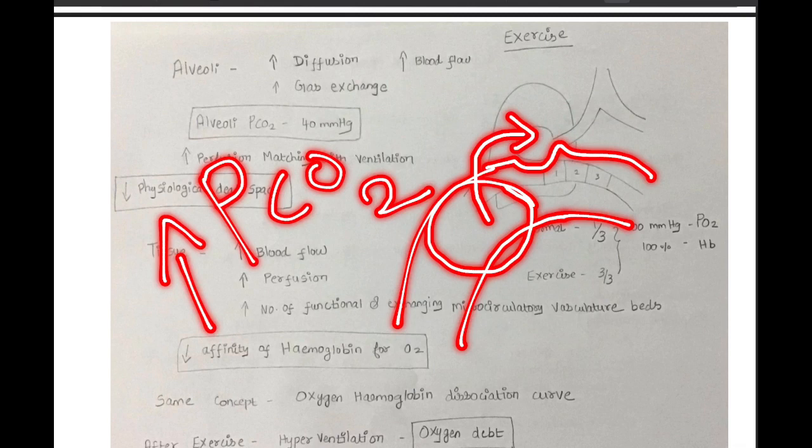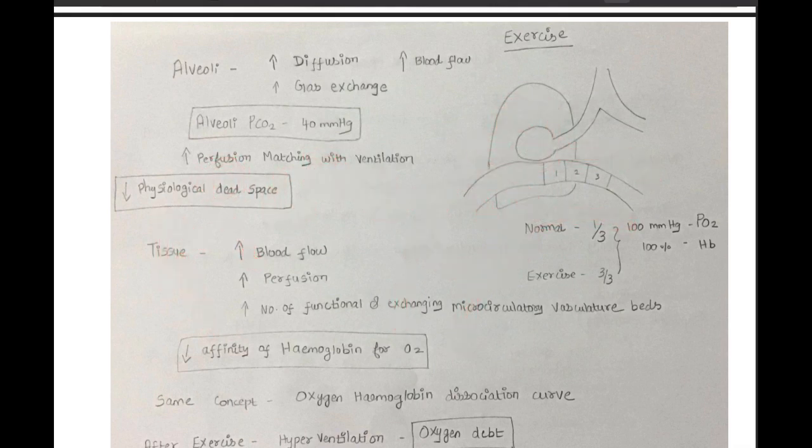So do not think that when the increased partial pressure of carbon dioxide moves to the alveoli of the lungs, the alveolar partial pressure also increases. Do not think like that, because what is the normal value of partial pressure of carbon dioxide in the alveoli? It is 40.